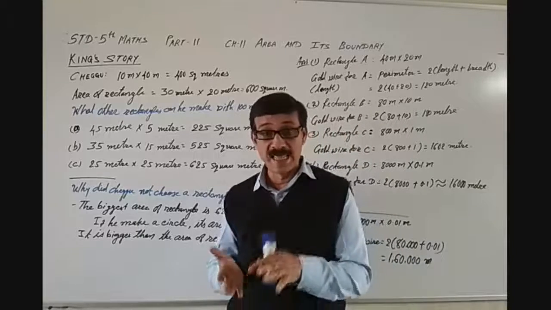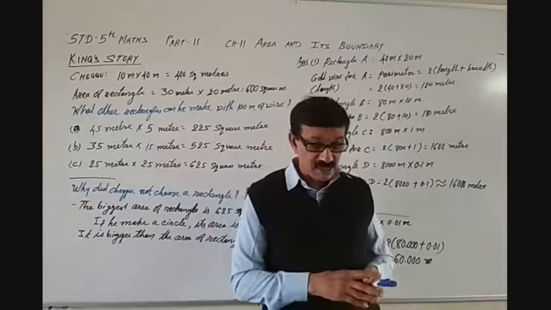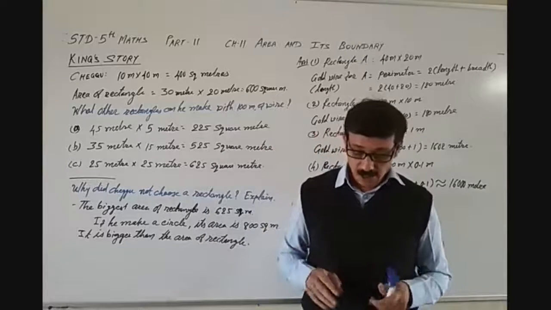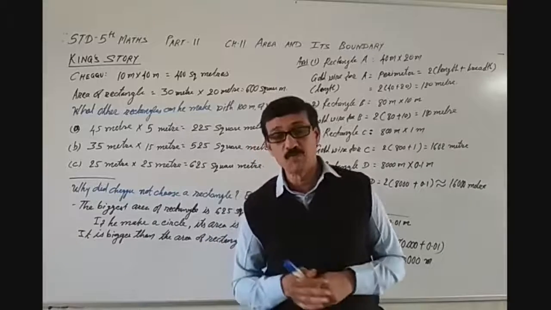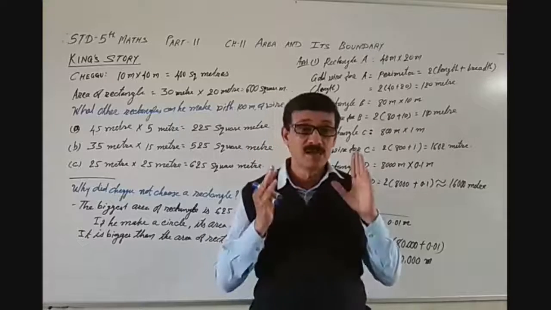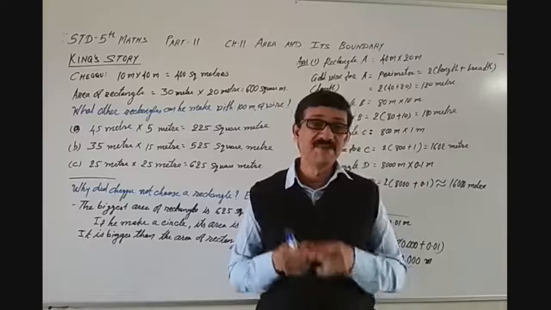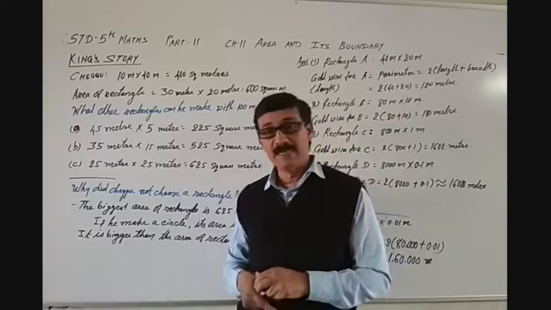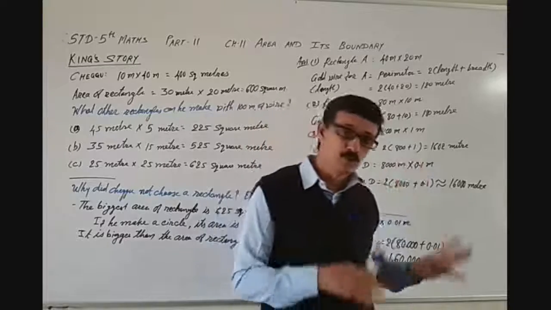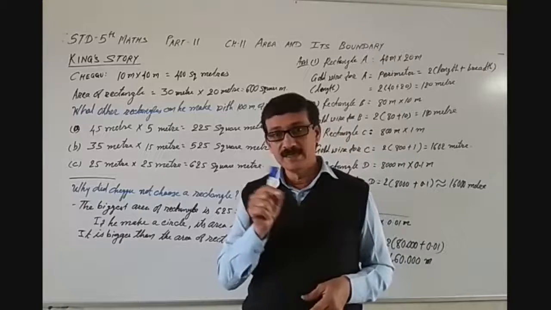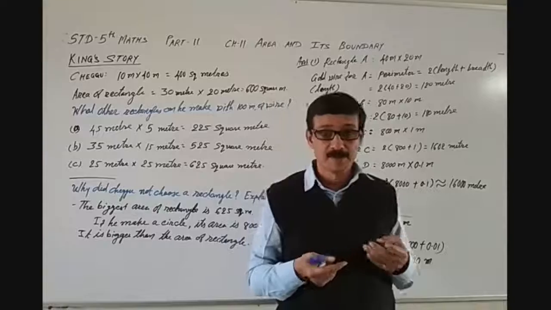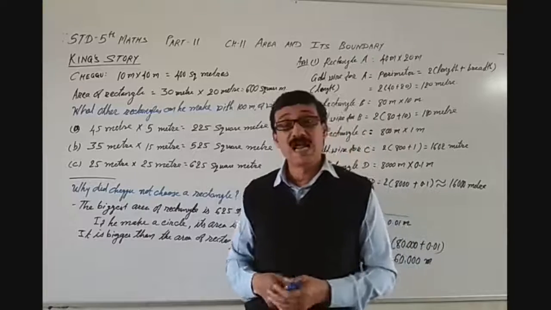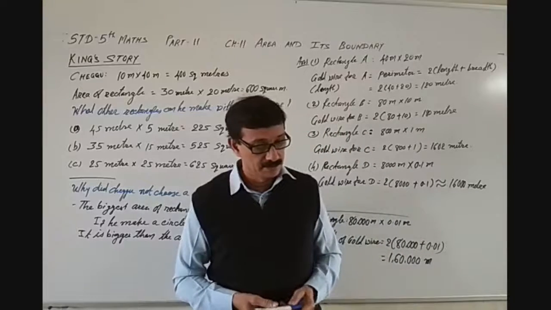But today we are going to discuss King's Story, which is on page number 157. So first of all, open page number 157 in your textbook and keep a sharpened pencil and a rough book with you, so that you can solve these things with me. Okay, so let's start King's Story.